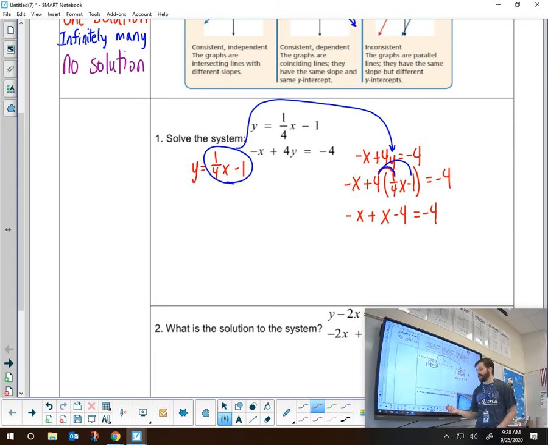Okay, so now let's combine like terms. Negative x and positive x are like terms. Negative x plus x is 0 x's. So those two are just going to cancel out, and I'm left with negative 4 equals negative 4.